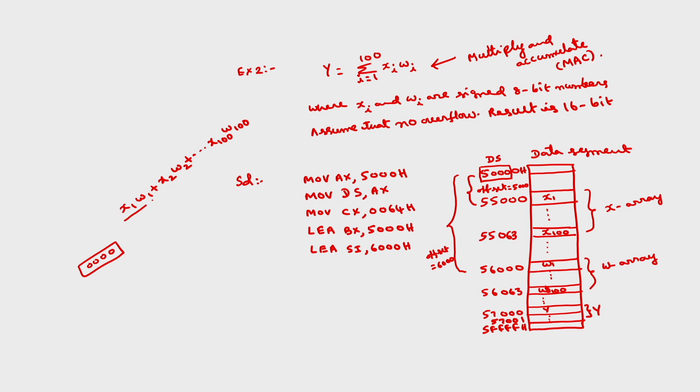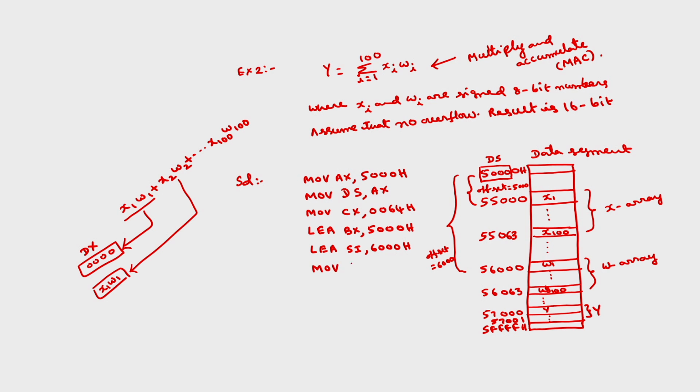You multiply this x1 w1, you add to this register, and this value will be stored here. After the first iteration, x1 w1 will be stored. Then you multiply x2 w2, you add to this one, so that the sum of these two will be stored again in this register. This I am taking as some register DX. Then again you perform x3 w3 and you add to the contents of the DX. So, that is why I am initiating initially a DX register with 0 0 0 0.